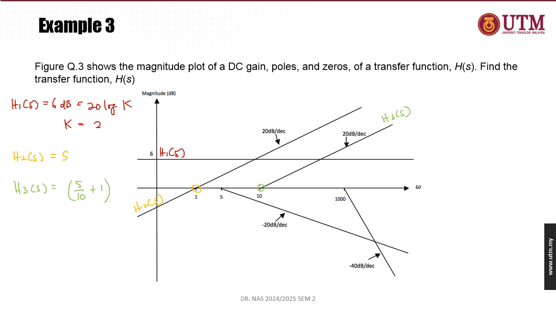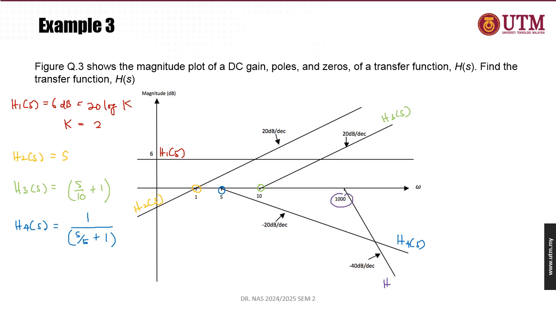So now let's move on to the poles. So the first one, you have poles at 5. So we call this one H4(s). So H4(s) equal to, it is poles, so 1 over (s divided by 5 plus 1). Okay, and we have another line, poles at 1000.